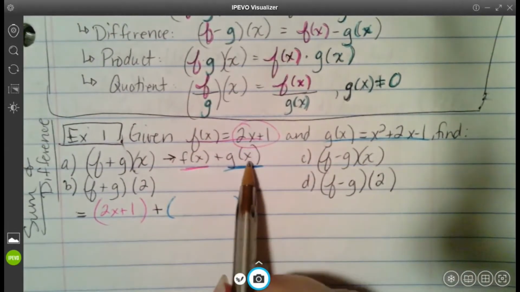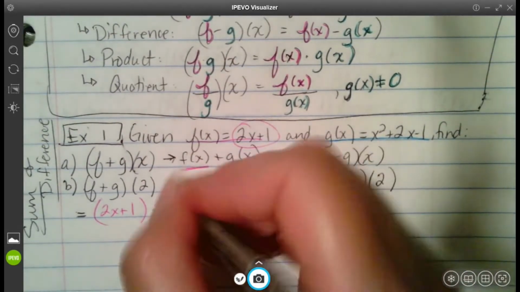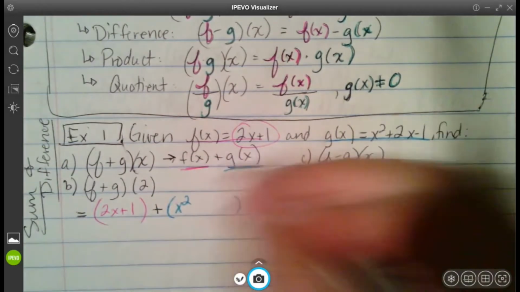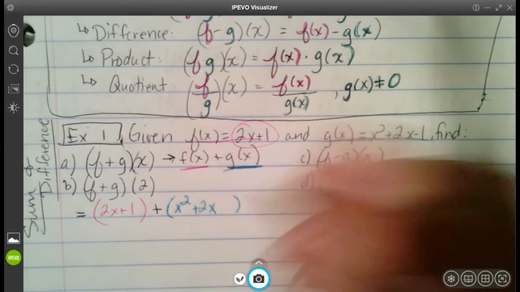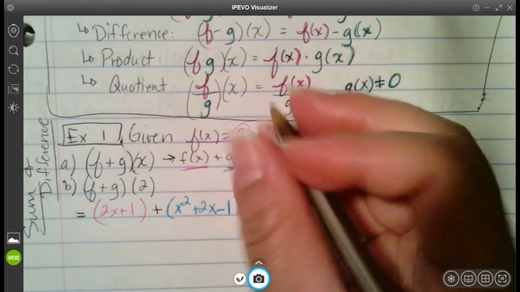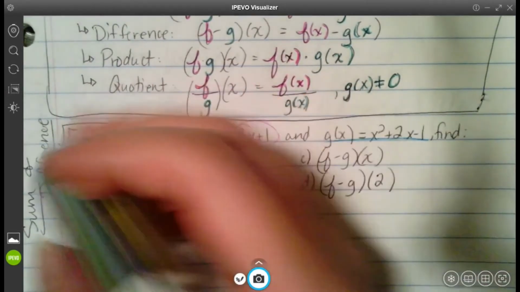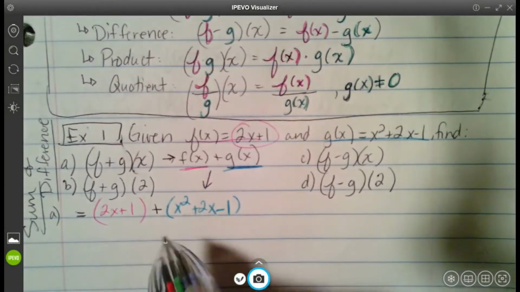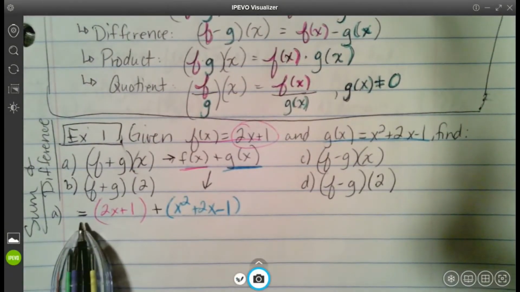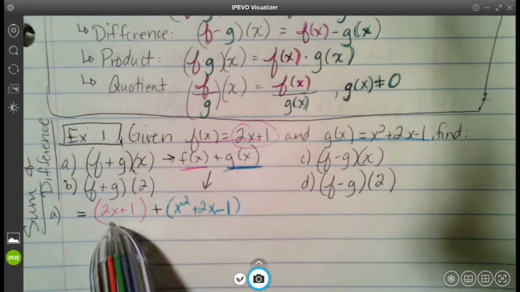So g of x is all of this over here: x squared plus 2x minus 1. All I'm doing here is adding these together. I hate to put the equal sign just over here on the side, but pretty much this equals this.